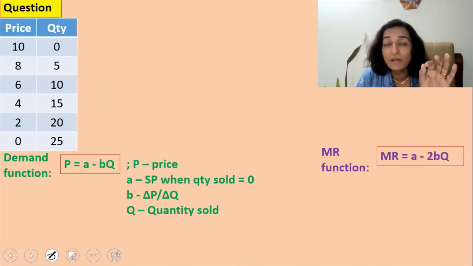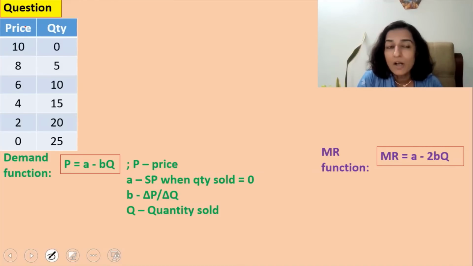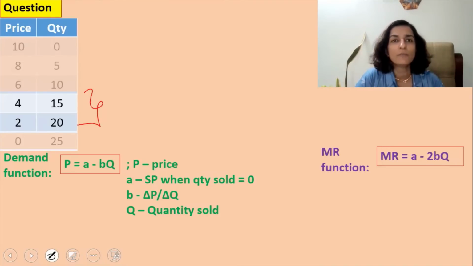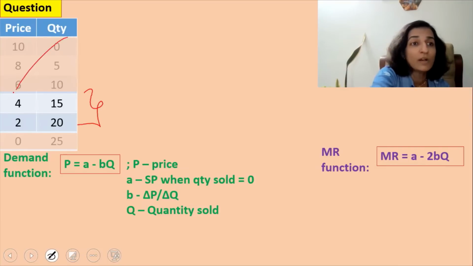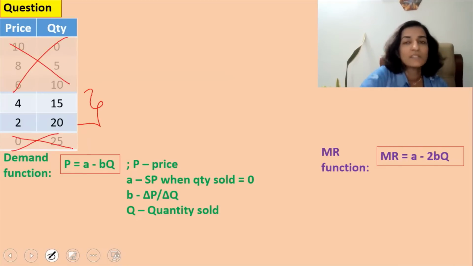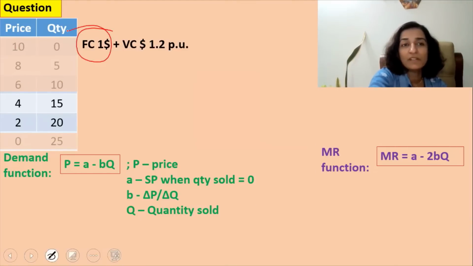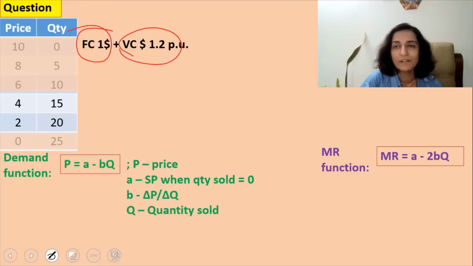So in the question, you will have just two price and quantity combinations. So I'm just going to retain two price and quantity combinations. So we need only this much. So only these two informations will be given in the question. You will not have a full table. And the next detail that will be given in the question is fixed cost and the variable cost per unit.